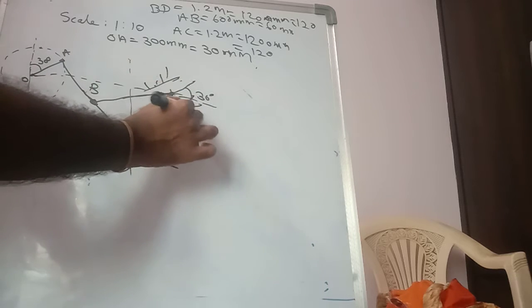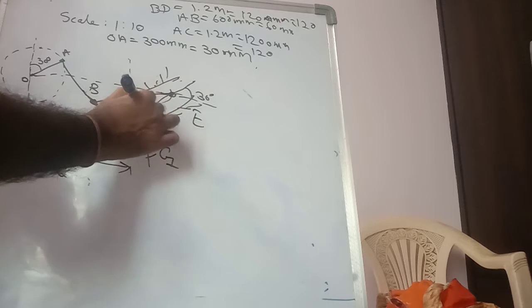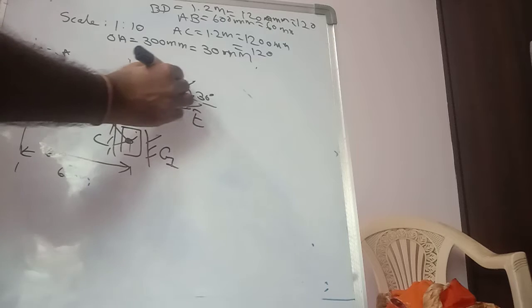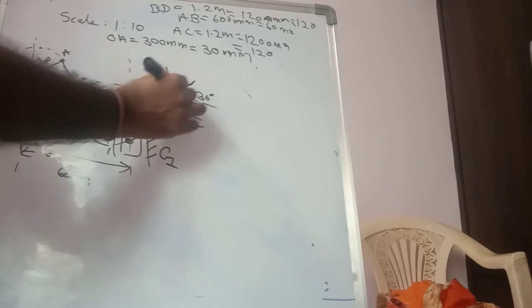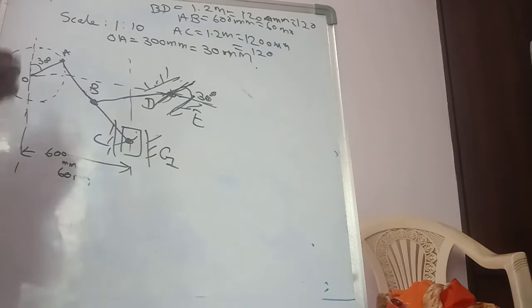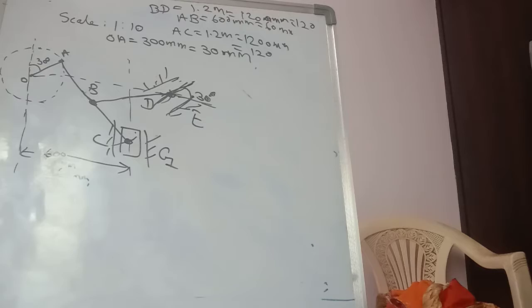This slider is E. This point is D, which we already know. This is E. So this slider line makes an angle of 30 degrees. Using a protractor we have to draw these lines. So this is about the space diagram.